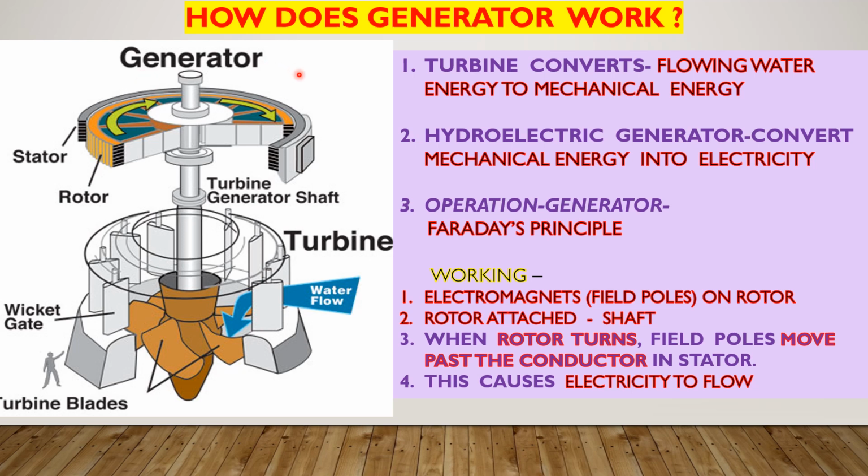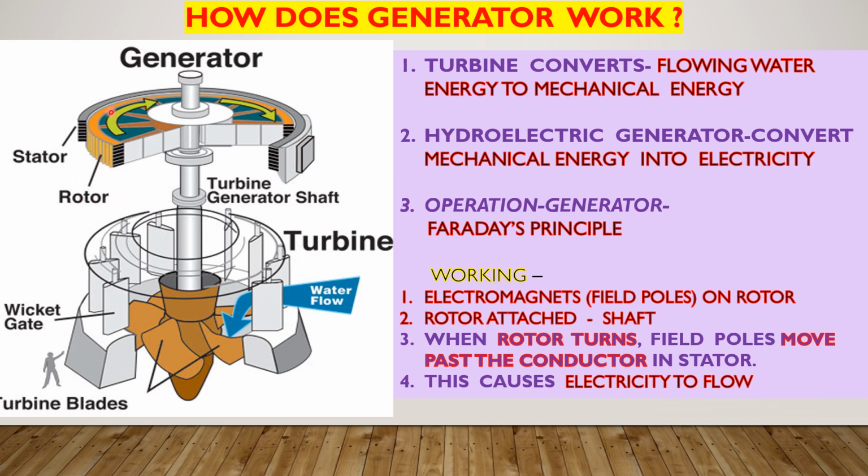That is based on Faraday's principle. Now from the previous slide we have seen that for Faraday's principle to be levied, two things are needed. That is the bar magnet. Imagine the rotor to be the magnet and the stator to be the conductor. The rotor is nothing but the electromagnet in actual. For simplicity's sake, let us take it to be the magnet. Rotor, magnet. Stator is your conductor.